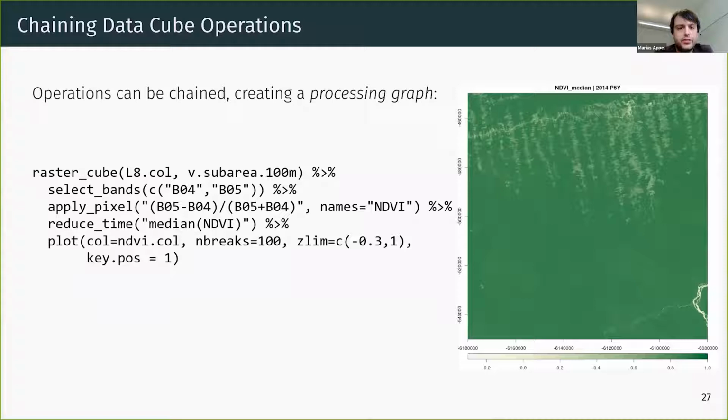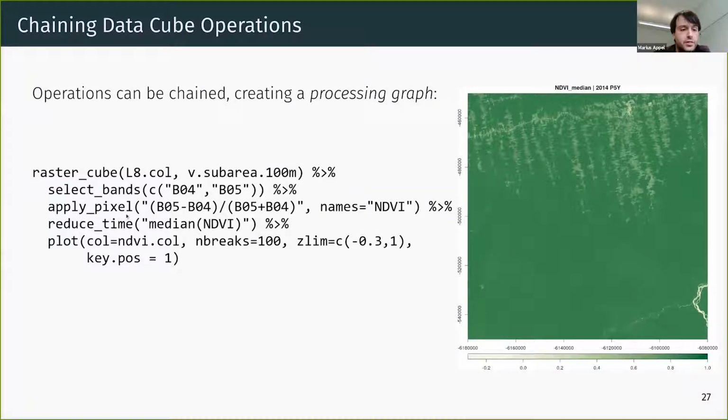One concept of the package is that you can chain data cube operations. In this example, I'm creating a data cube and selecting band 4 and band 5. This is a Landsat data set, that means red and near infrared. I'm using the apply pixel function here to compute the normalized difference vegetation index, and this is the formula for the index. Then I'm using this as input to the reduce time function, where I calculate the median NDVI values over time for all time series independently.